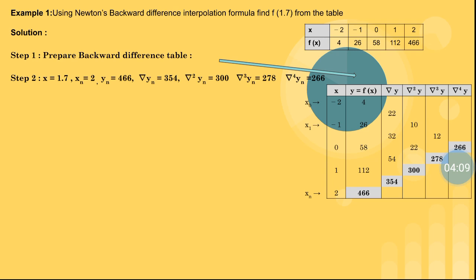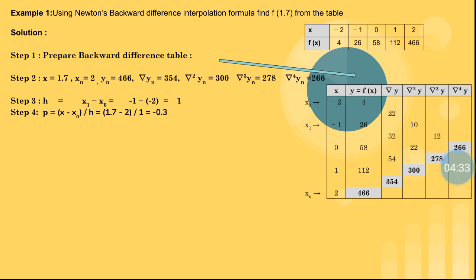That is, from the last, take up all the values: backward del yn, backward del 2 yn, backward del 3 yn, backward del 4 yn. Here we have up to backward del 4, so our formula also has to be up to backward del 4. H is 1. The value of p is x minus xn upon h.